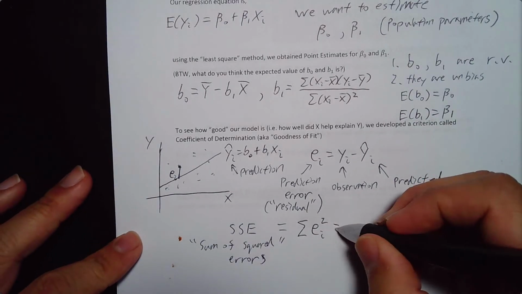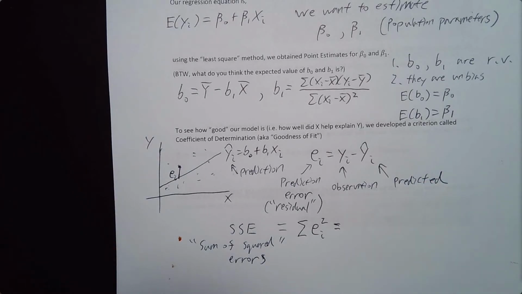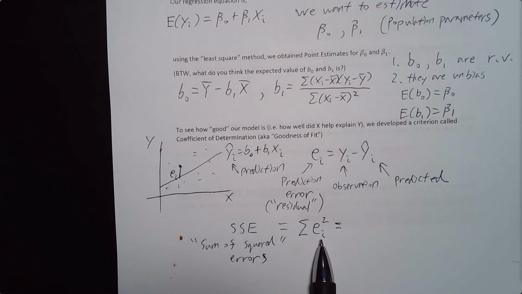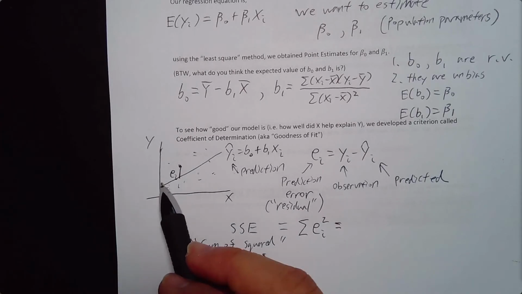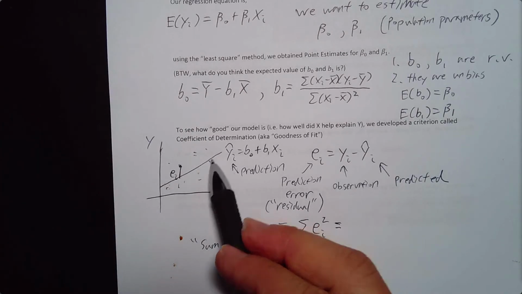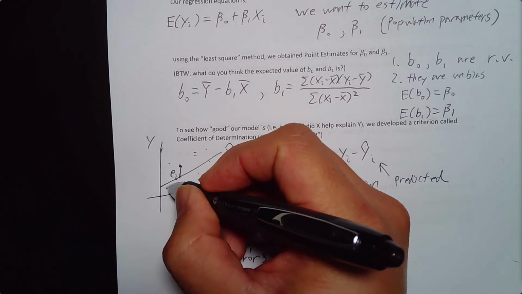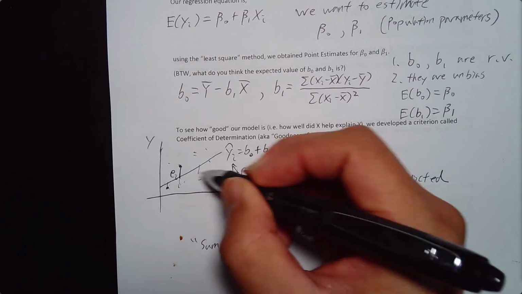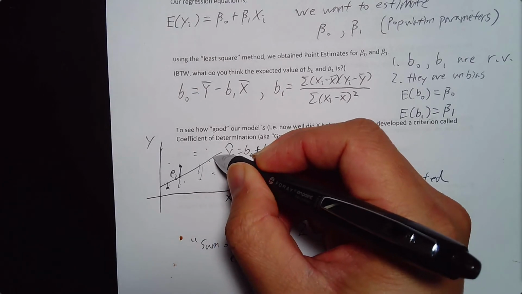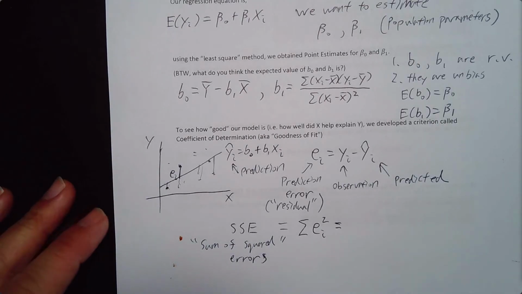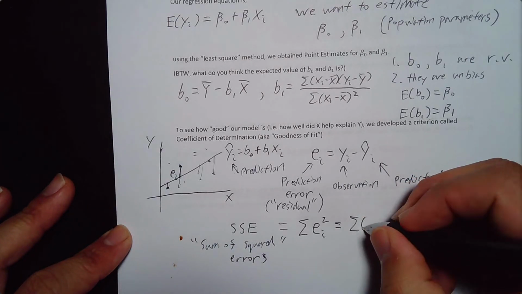Now, intuitively, you want to think that obviously a good model will minimize this, because if I can find a line that minimizes the distance of this from every observation, that will indicate a good model.